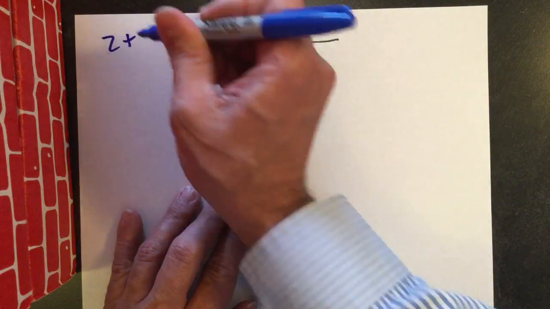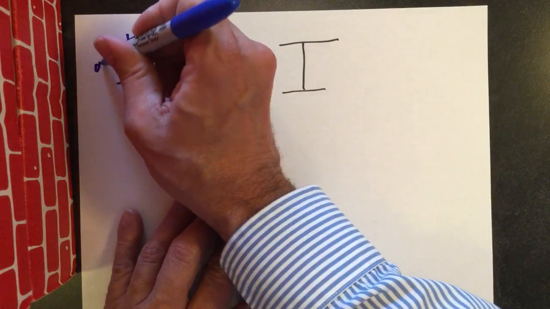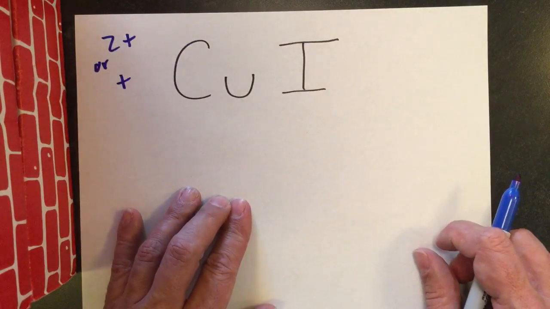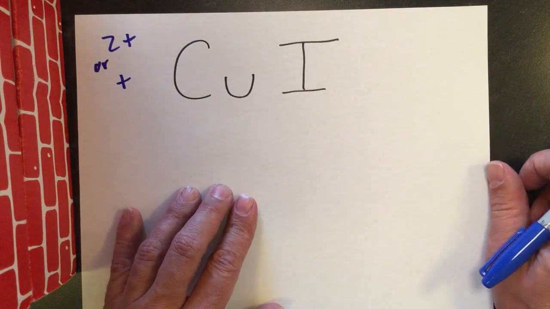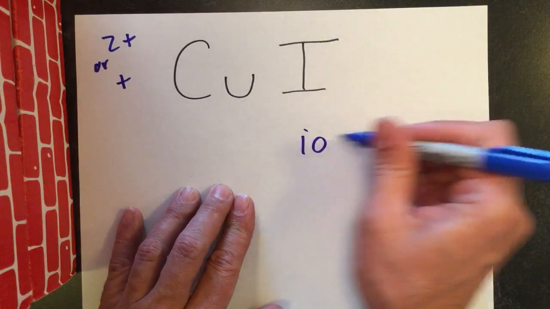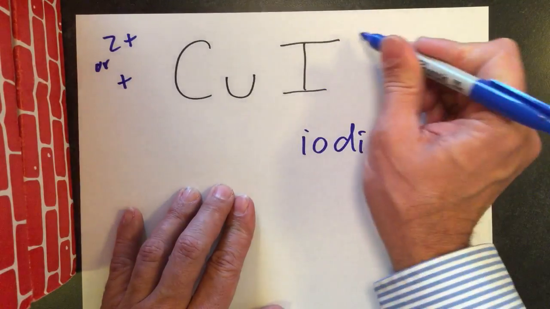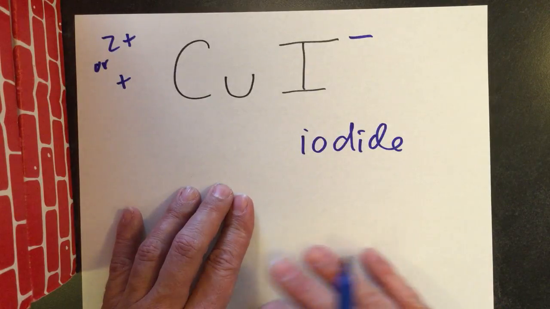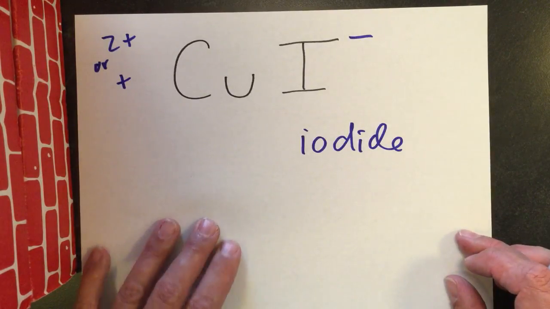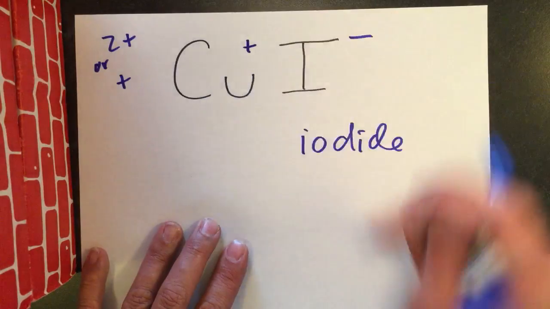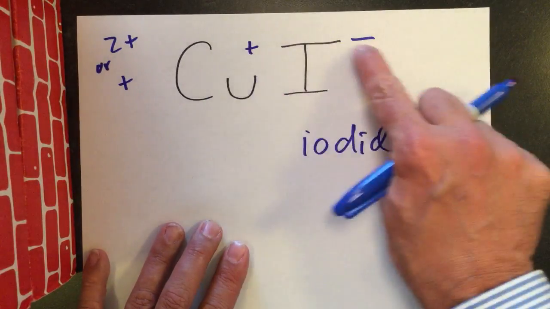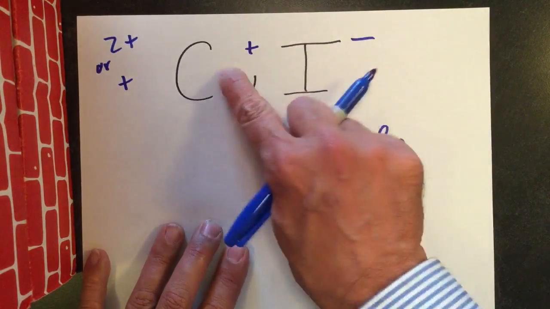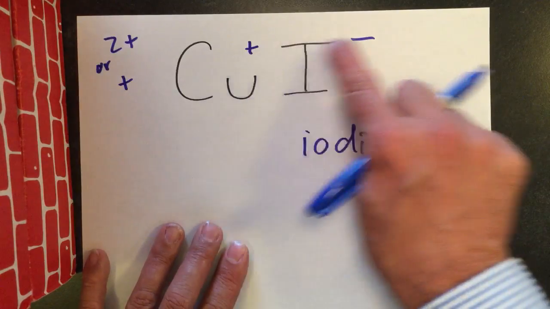Is it the 2+ or is it the +? Which copper is it? So you've got to do a little detective work. I is iodide. It has a minus. Well, if that iodide is a minus and all ionic compounds are neutral overall, this copper's got to be the +, because the plus and the minus would balance each other, neutralize, match each other.